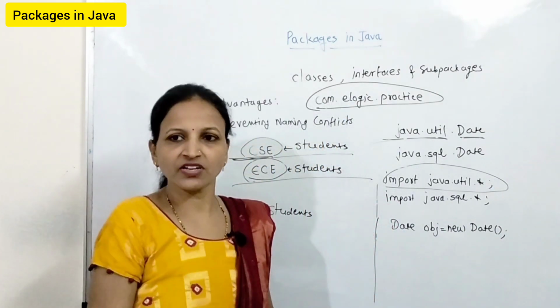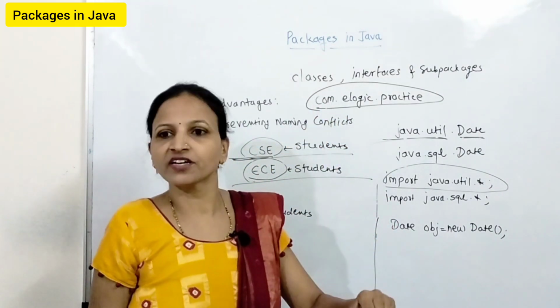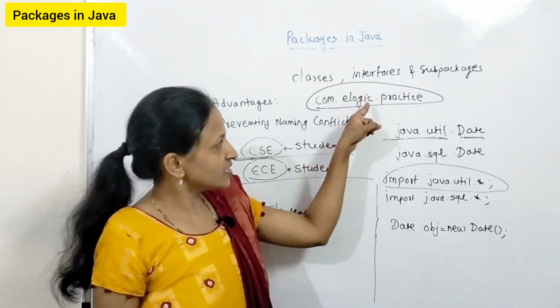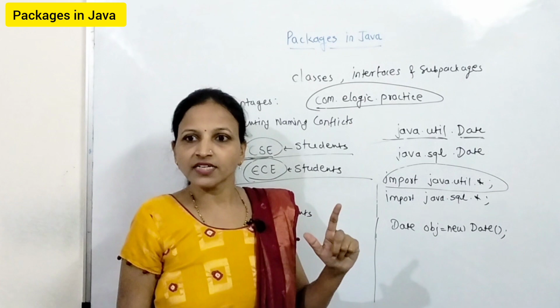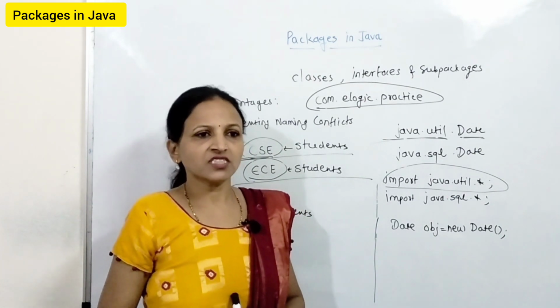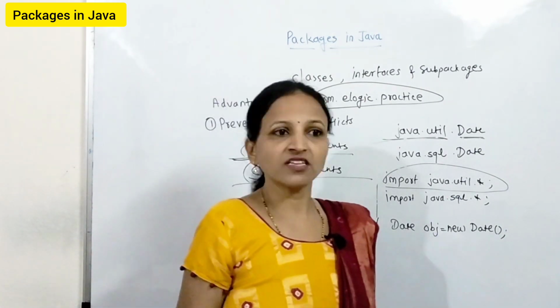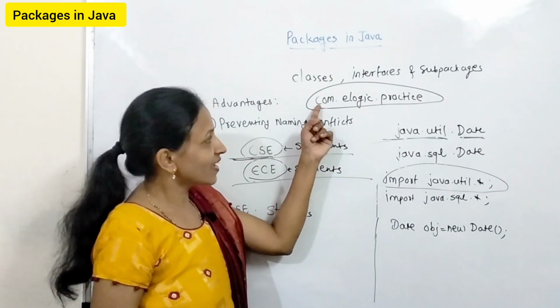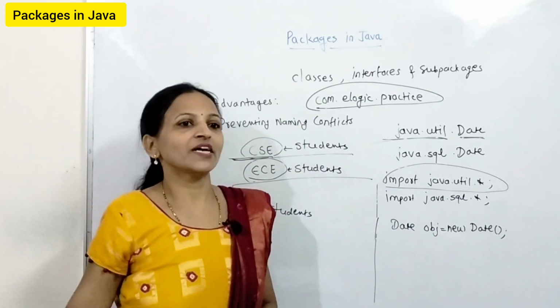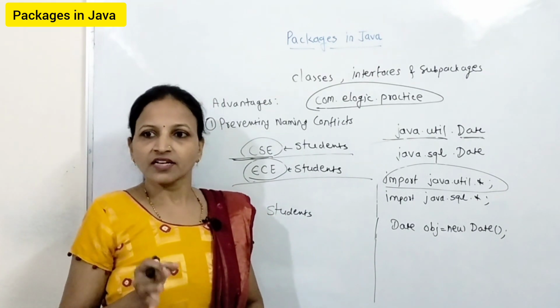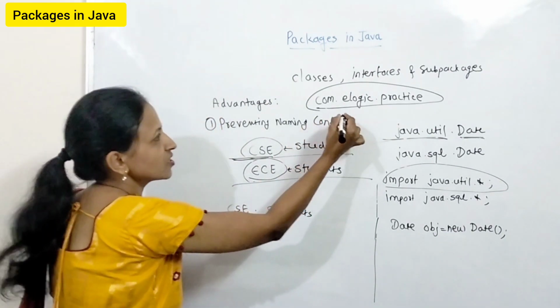Suppose in the current working directory there is a com folder created, inside that there is an eLogic folder, inside that a practice folder. Getting? Suppose I want to create multiple packages. The main package I want is com, inside that eLogic, and inside that I want multiple sub packages. Getting?